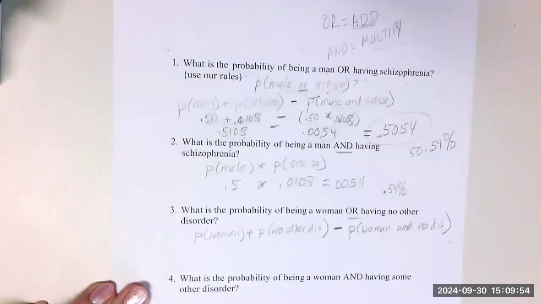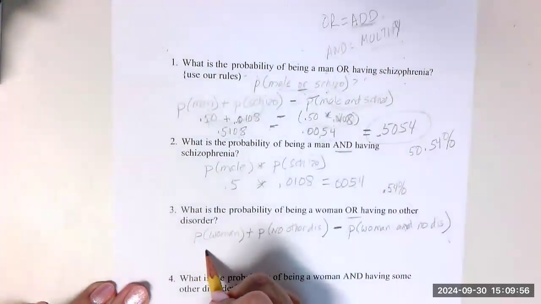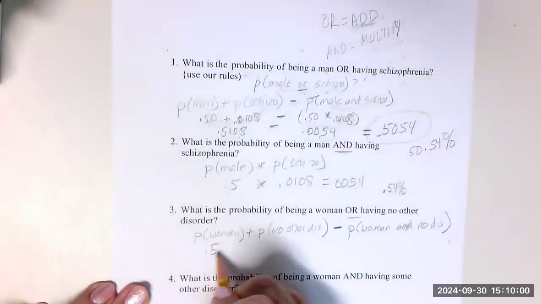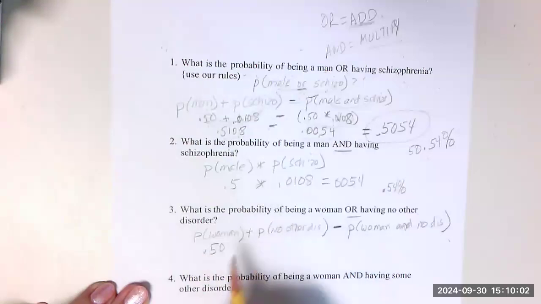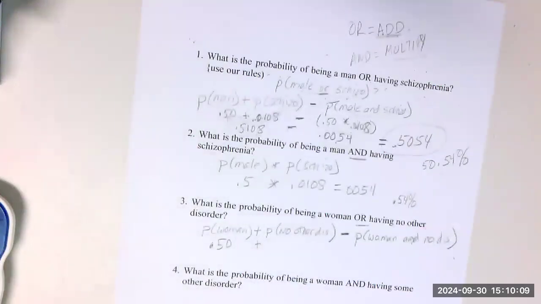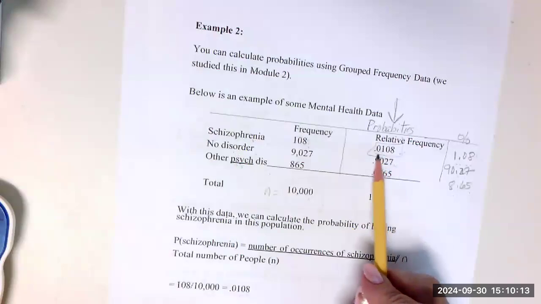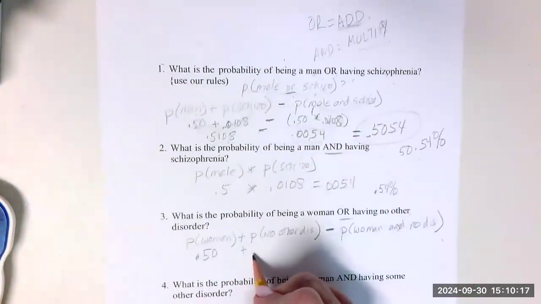So how do we pop the numbers in? Well, we said 50% of the population were women, so that's 0.5. We can put a 0 on there. We know that's equivalent to 50%. And then we add the probability of having no other disorder. If we look at our data, it's 0.9027. So let's add 0.9027.